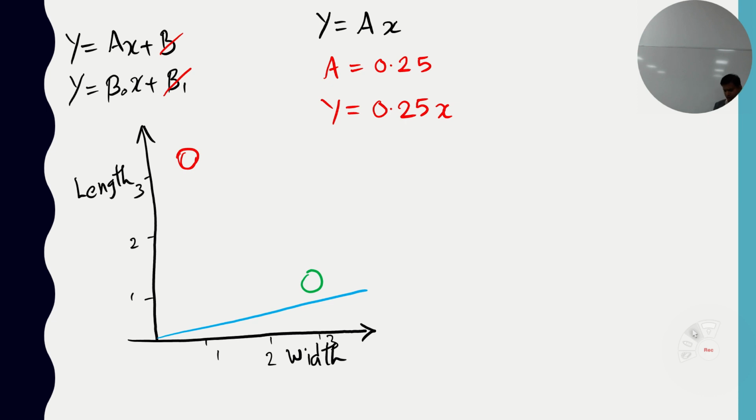Okay, so coming to this problem, the training data that we have in hand, and your y equals 0.25 times x, right?